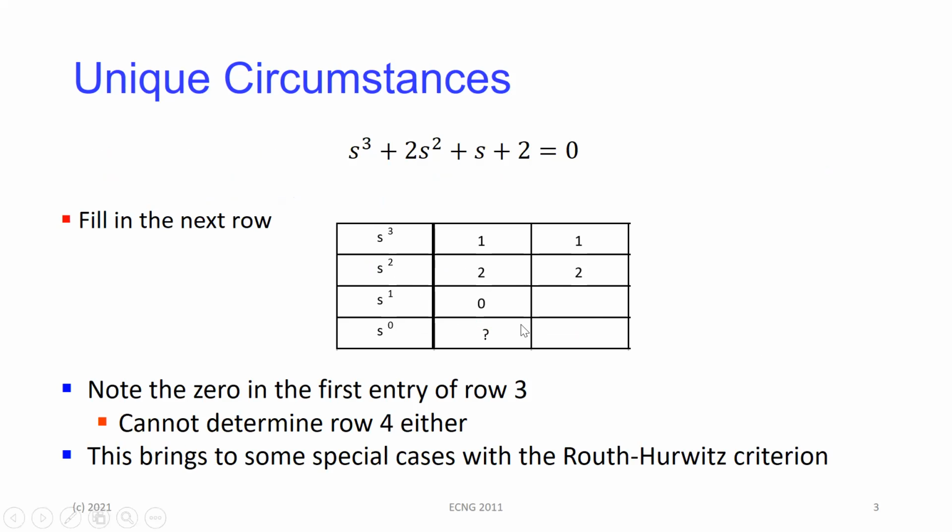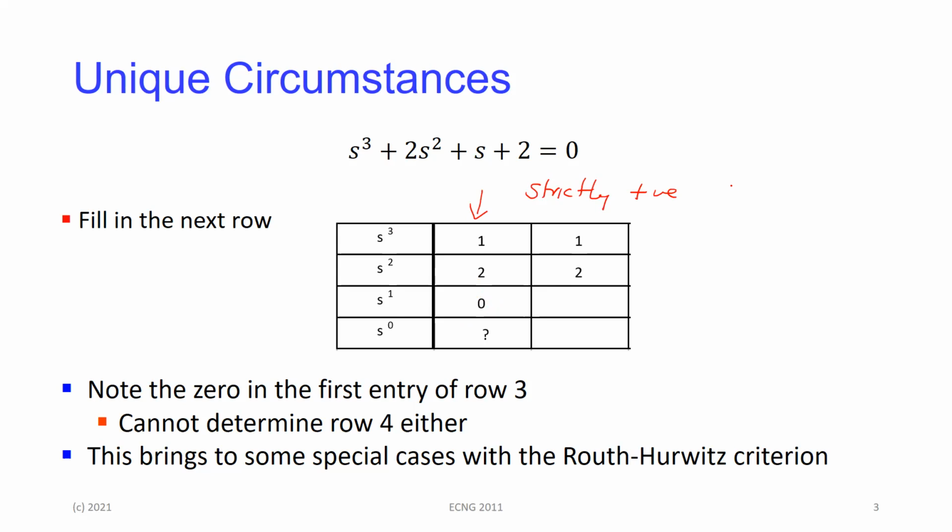we're stuck. We can't go beyond that because at this point in time, we can't determine what happens in the row 0 anyway. So this now brings us to one of the two special cases that I mentioned. One where the first row entry is 0, and the other one where the entire row is 0. Okay, now remember from last time what we said is that for the system to be stable, all the elements of the first column must be strictly positive.